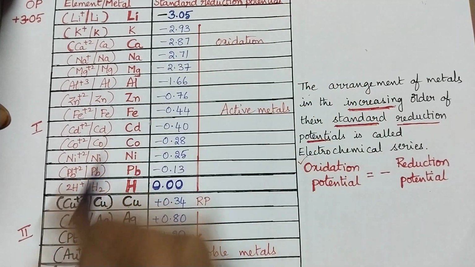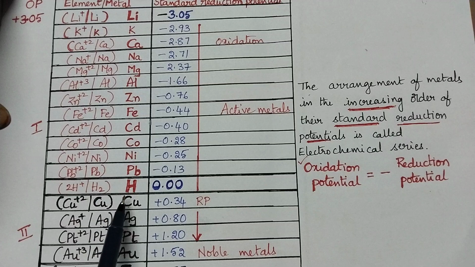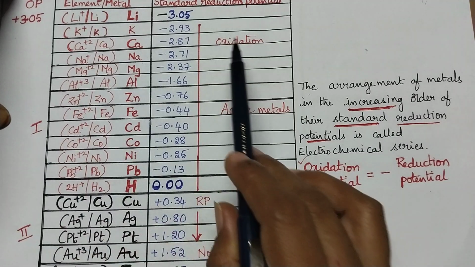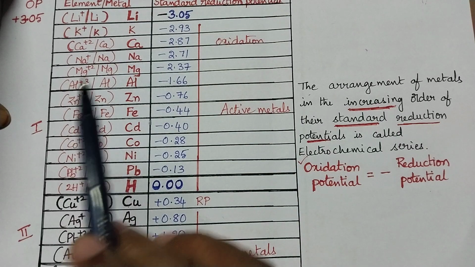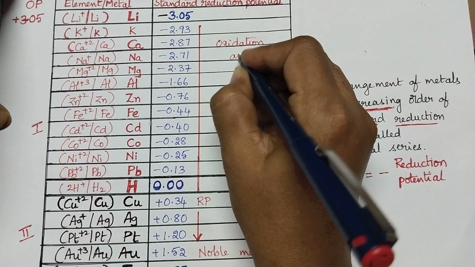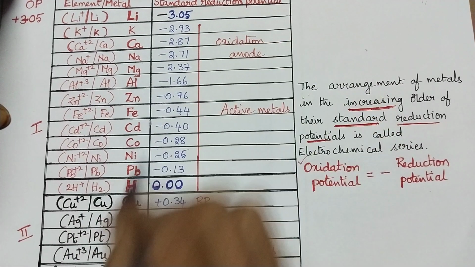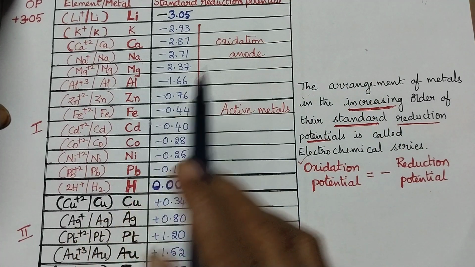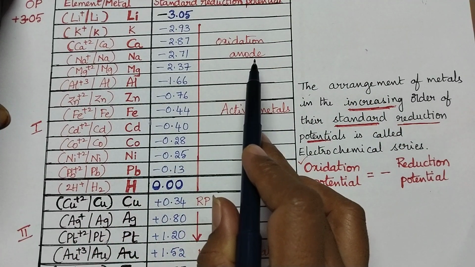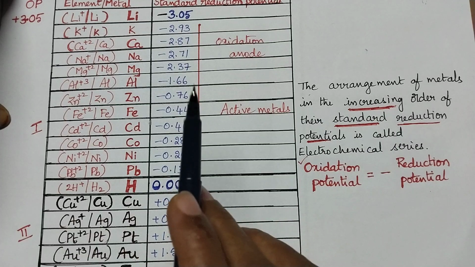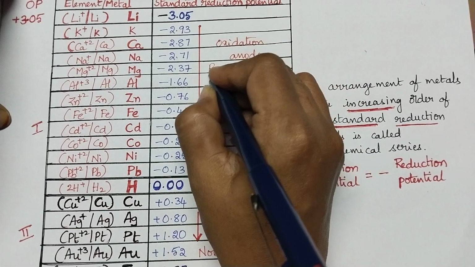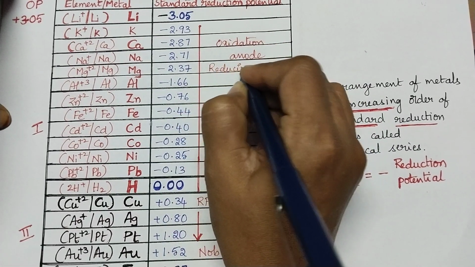What is the tendency of metals placed above hydrogen? They are having greater tendency to undergo oxidation and hence they can act as anode. So how they can act? They can act as anode and thus they can act as best reducing agents.